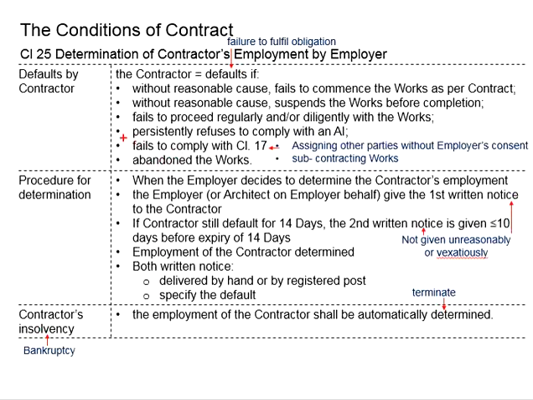Also, if the contractor fails to comply with clause 17, he is also considered in default. Clause 17 is about not assigning to other parties without the employer's consent and not subcontracting the work. If the contractor subcontracts the work, he is considered in default.